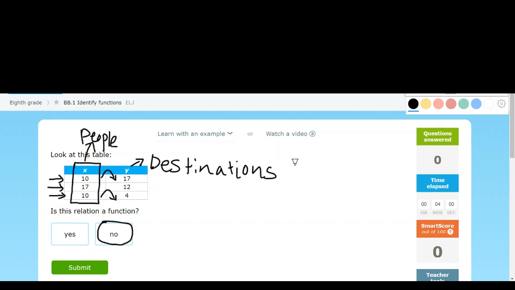Probably not, right? You're only one being, right? So you can think of this as like 10 trying to be at location 17, but also 10 being at location 4, which can't be possible. It doesn't make sense, right? So we would say no, this is not a function.